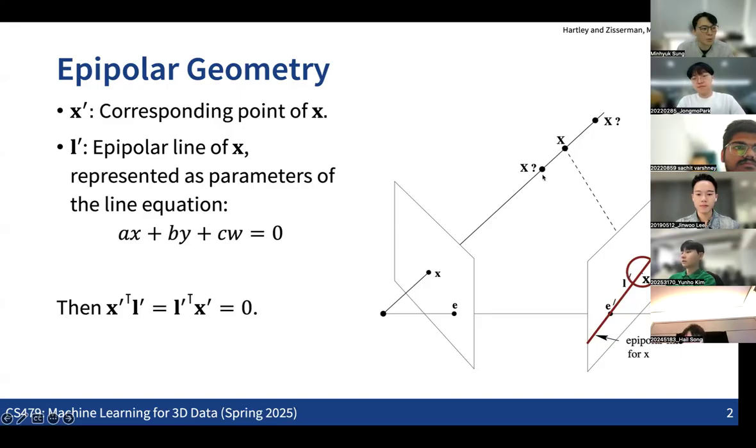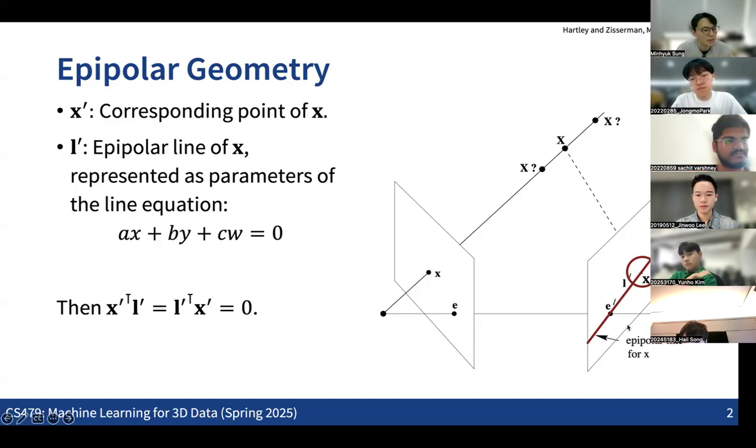So depending on the exact 3D point along this ray, we are also drawing a line which shows the projection of that ray. Which was called the epipolar line, corresponding to this specific point in the other view image, right?